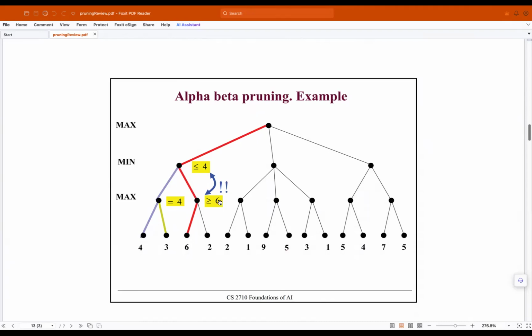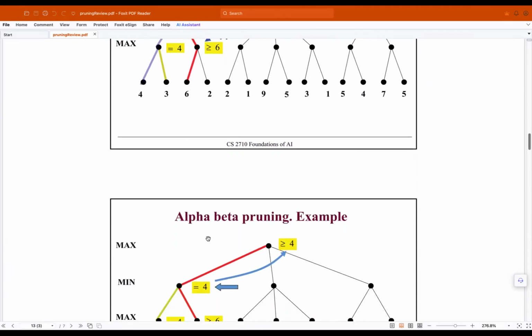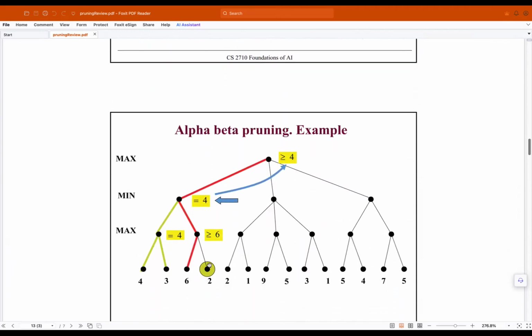Since at this stage we want to pick the maximum, the agent will be looking to get the maximum. It's pointless to bring them here since here we're trying to minimize. So this is not promising because the value here is greater than the beta value here. So this child is going to be pruned. So that has been pruned.